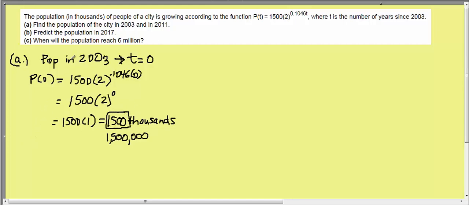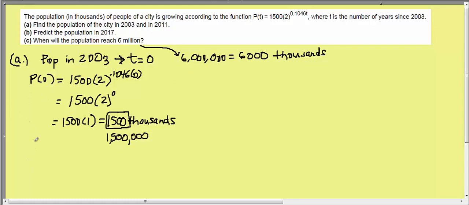But when we get down to part C, we're going to need to know what the million means, because we're talking about 6 million. In fact, 6 million is the same thing as saying 6,000 thousands. And so we'll be using that in just a moment.